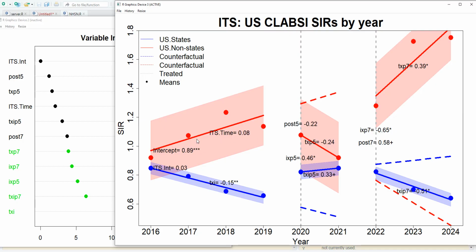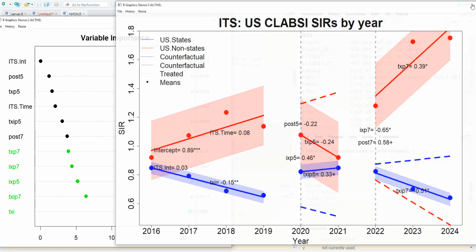One's higher than the other, and they tend to increase. So if you would just follow this middle counterfactual, this middle dashed red and blue line, they go in the direction that we end up in after 2022. So that's helpful to know.